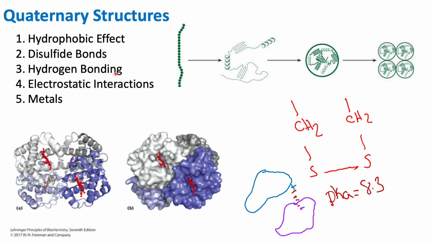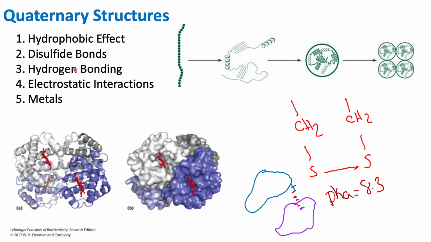At high pH values, we will see less hydrogens bound because it'll be deprotonated, so we'll see less hydrogen bonding on the R groups. But remember, there will still be hydrogen bonding on the backbone of the peptide because those are not ionizable groups.